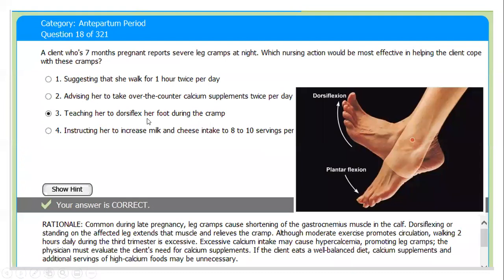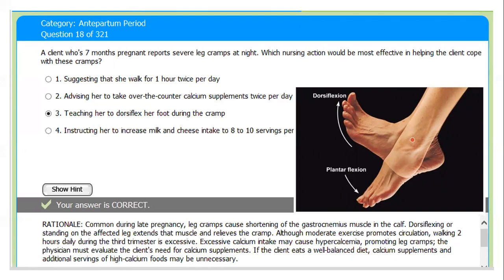The correct answer is teaching her to dorsiflex her foot during the cramping. You can see this is dorsiflexion, and the opposite is called plantar flexion. So we educate the patient: if the patient complains of leg cramping at night, do the dorsiflex foot.